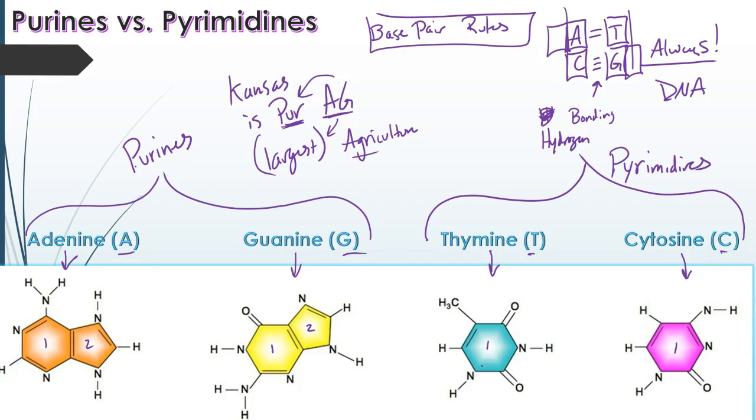Okay, and so remember when I talked about how we wanted to make sure we had a uniform width. Think about this. If we paired a single ring base, and I know squares are not the actual shape, but if we put 2 squares, 2 single ring bases together, and then right below it in this DNA molecule we put 2 double ring bases together, and then bonded those together, our DNA molecule would bulge out and then would pinch back in.